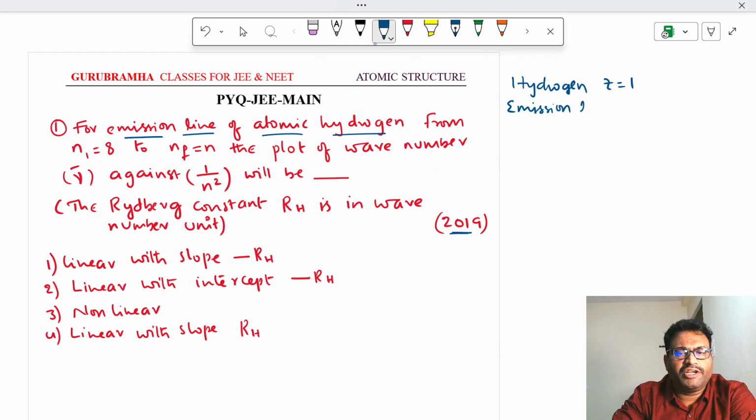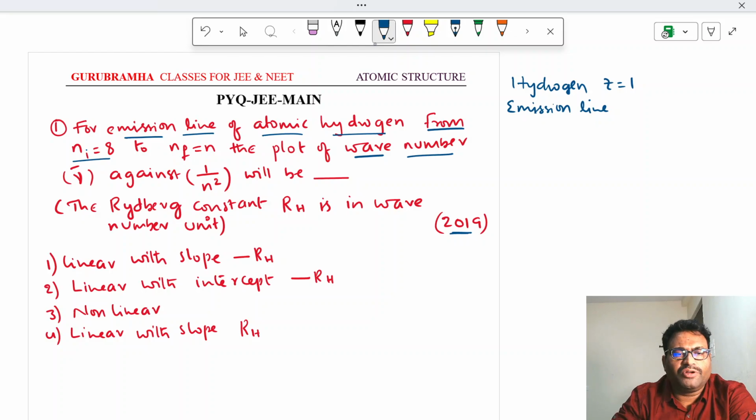The hydrogen spectrum is an emission spectrum, and it is a line spectrum, right? From which orbit, n initial is equal to 8 and n final is equal to n, and we are asked a wave number.